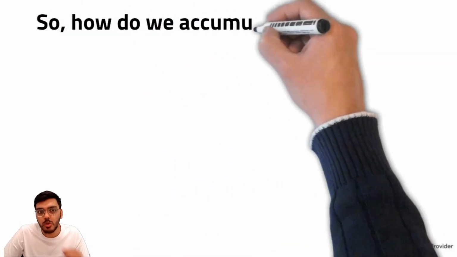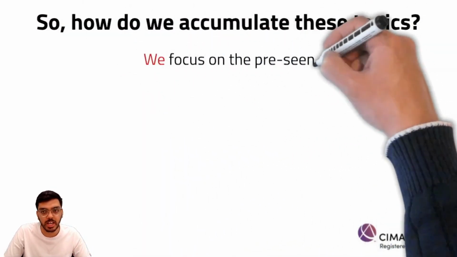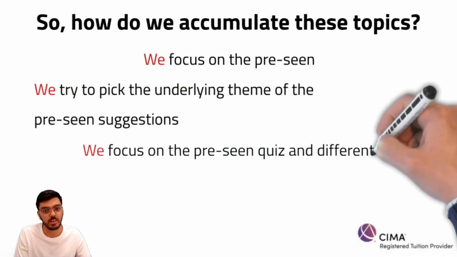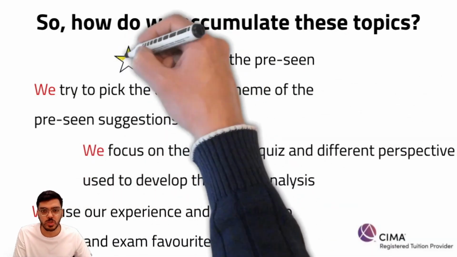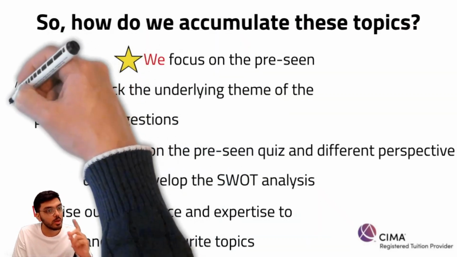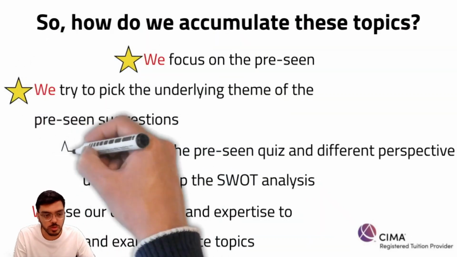Now to come to the exam topics. How do we develop and accumulate these topics? You may be wondering, right? How can you figure out 10, 11, 12 areas which will be asked in the exam? First and foremost, we focus on the pre-seen.